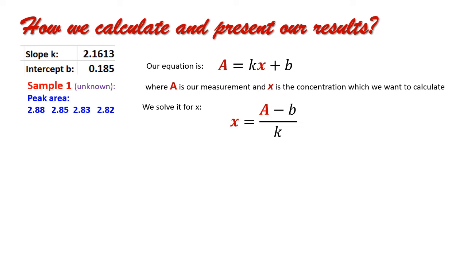Our calibration equation was A = KX + B, where K was slope and B was intercept, A our measurement, and X concentration, which we want to calculate. So we solve it for X. X is (A minus B) divided by K. Now we know K, we know B, so for each A we can calculate X.